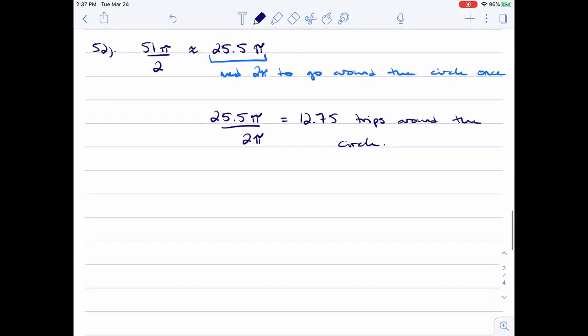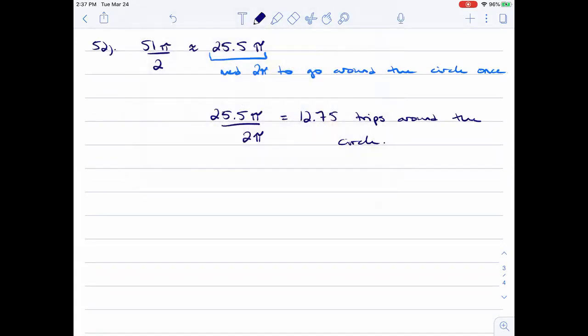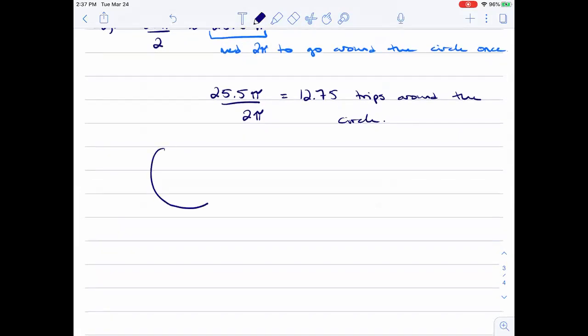I won't be able to draw 12 trips around, but we would have something like 1, 2, 3, 4, 5, 6, 7, 8, 9, 10, 11, 12.